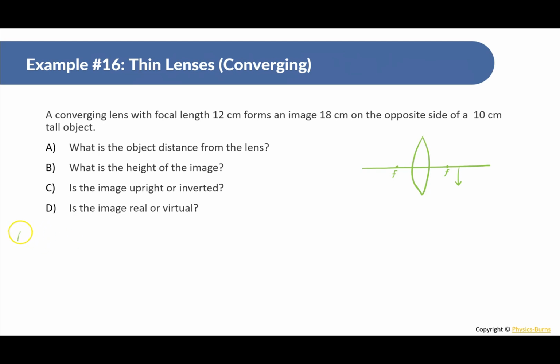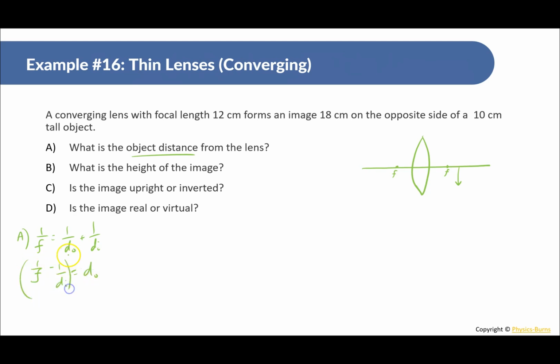Okay, so let's figure that out. 1 over f is equal to 1 over distance of object plus 1 over distance of image. This time we're looking for object distance, so I'm going to put the distance of image on the other side: 1 over f minus 1 over distance of image equals 1 over distance of object.